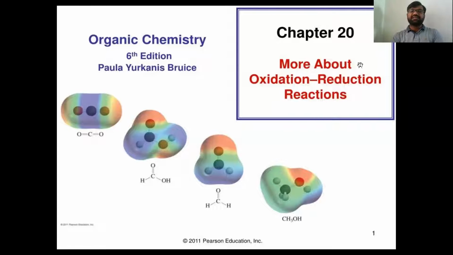These are the four major types of reactions, and some reactions cannot be categorized into these categories. So the fifth class of reaction is termed oxidation and reduction, basically abbreviated as redox reaction.